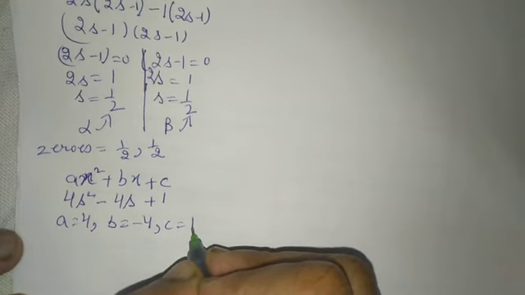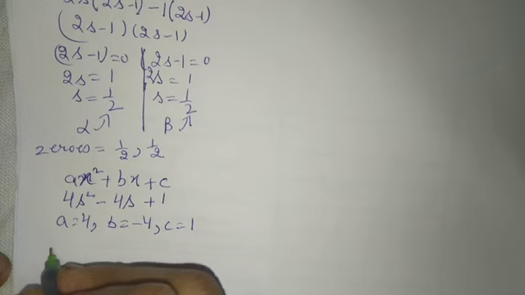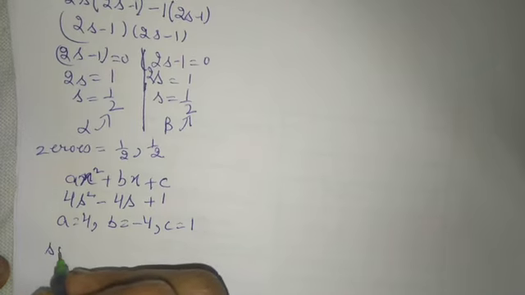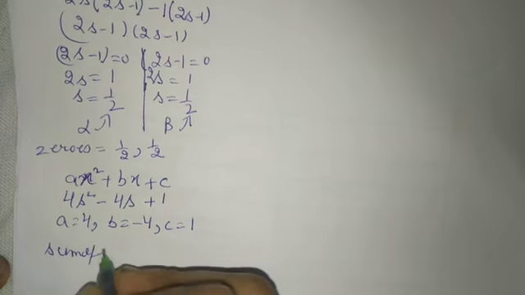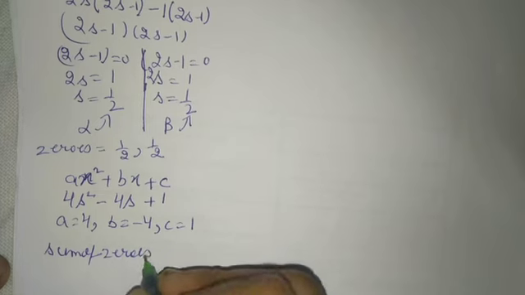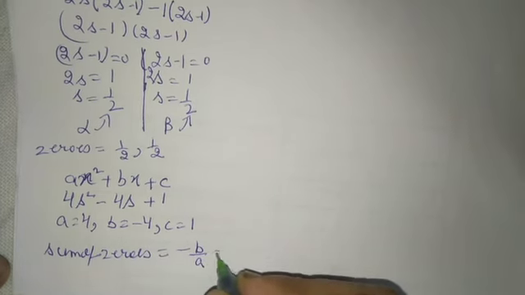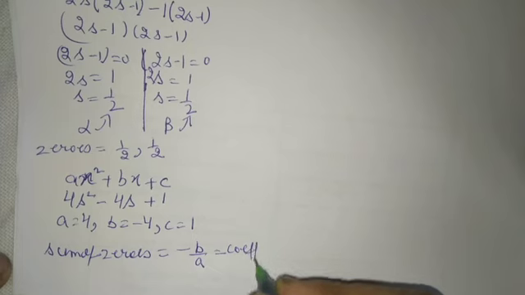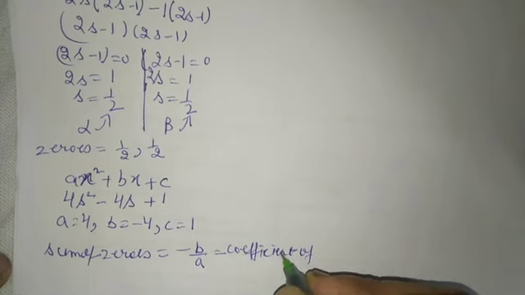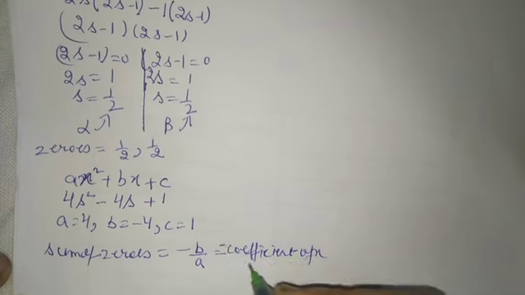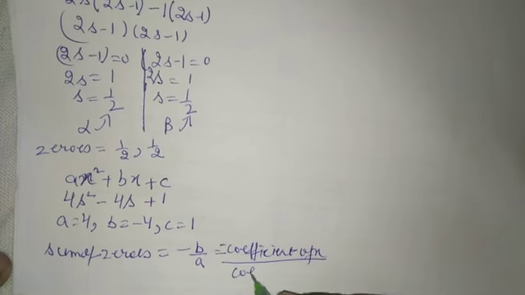Now let us find the relationship between the coefficients and the zeros, starting with the sum of zeros. The sum of zeros should be equal to minus b by a, that is minus the coefficient of x divided by the coefficient of x square.